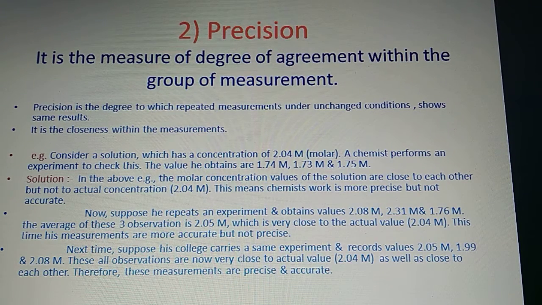The second static characteristic of the sensor is precision, and this precision is a measure of the degree of agreement within a group of measurements, which we have studied with an example, and I hope you have understood the difference between precision and accuracy.